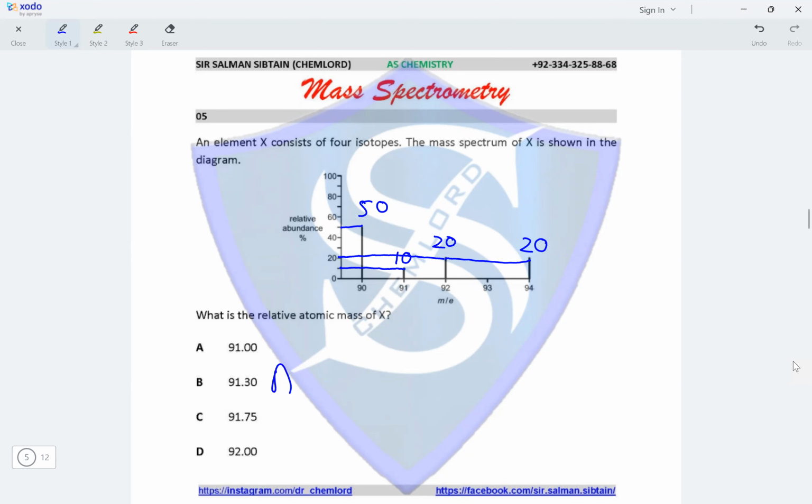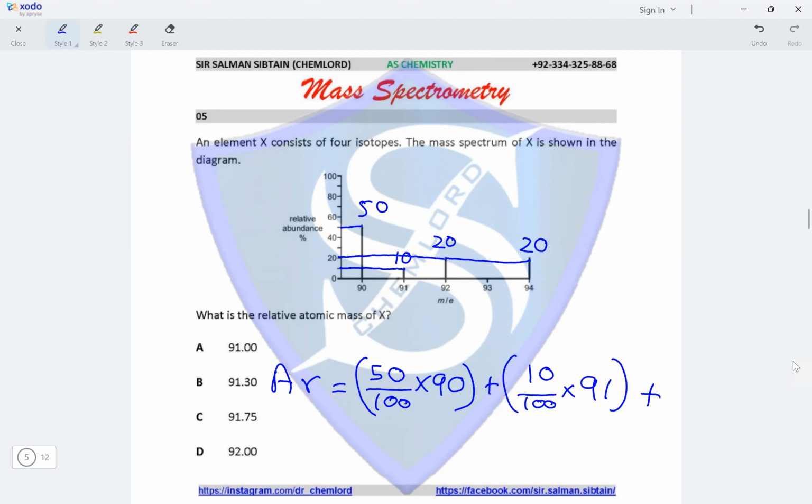In order to calculate the AR, we must add together the ratio of 50 upon 100 into 90, added to 10 upon 100 into 91, added to 20 upon 100 into 92, added to 20 upon 100 into 94.